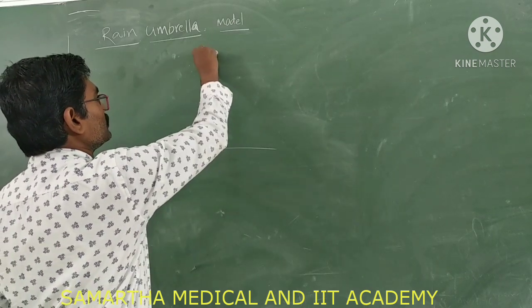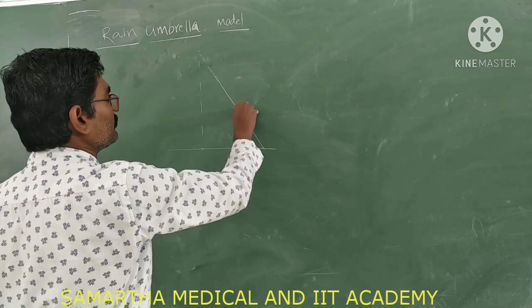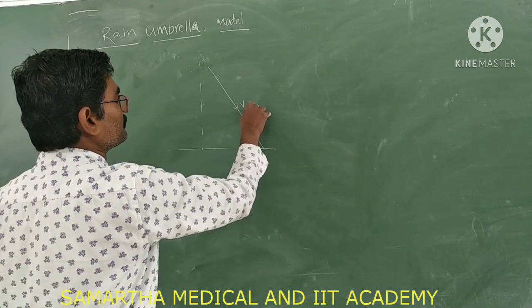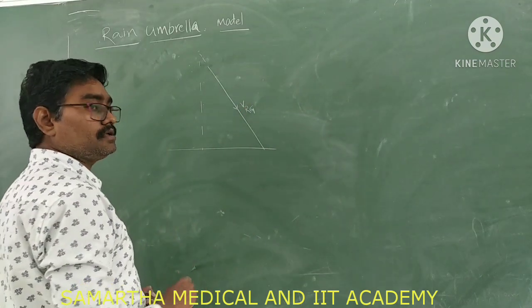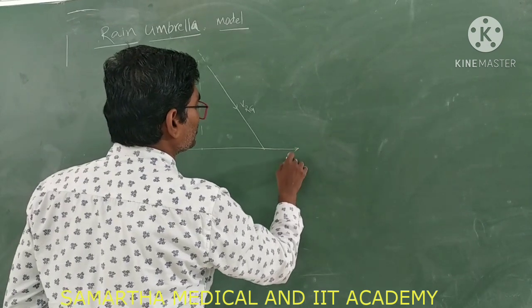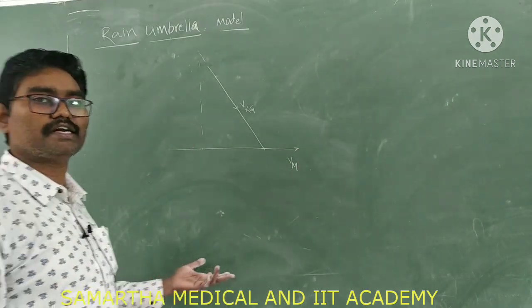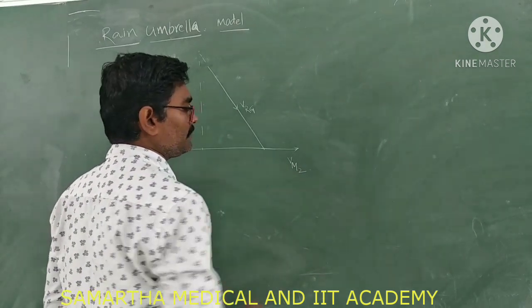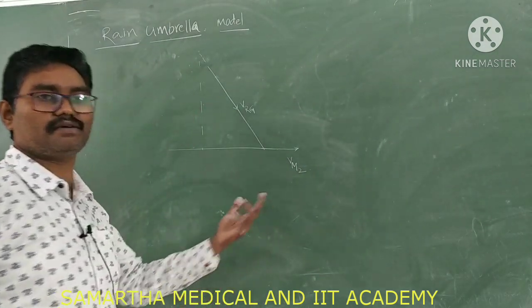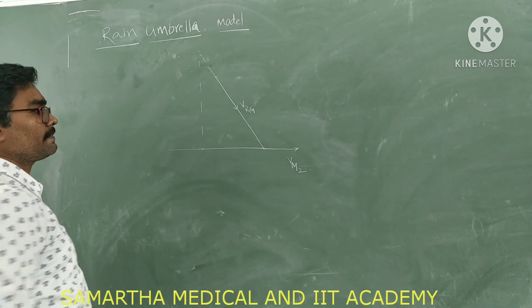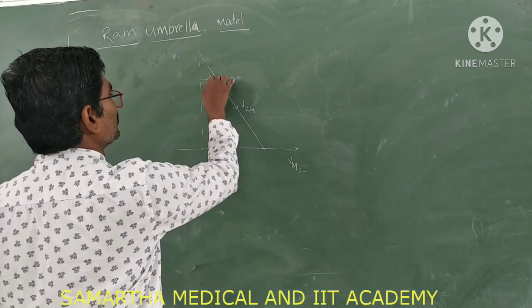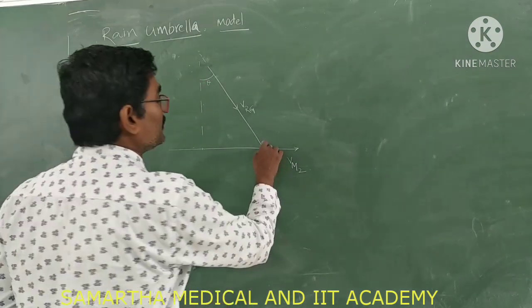This is vertical. This is the velocity of rain with respect to ground. Suppose the man's speed is in this way. For the previous case, you can take it like man 1. Now you can take it like man 2, otherwise you can say the same man, no problem. This is theta. Now the speed is increased.